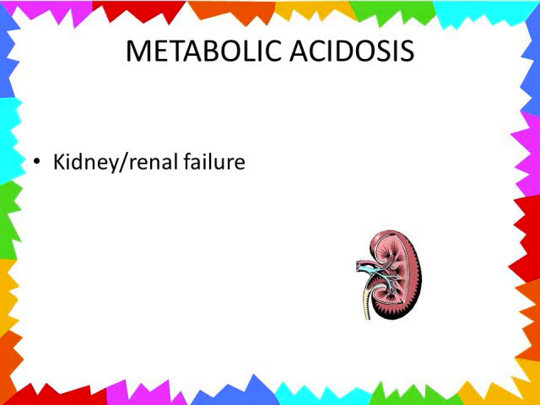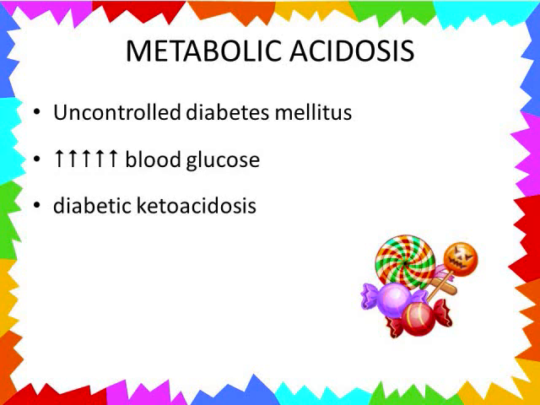The kidneys play a part in keeping the pH within the normal range. So if a person has kidney failure, renal failure, they are going to have troubles with metabolic acidosis. If someone's blood sugar is very, very high, they can go into what's known as diabetic ketoacidosis. It's a form of metabolic acidosis.